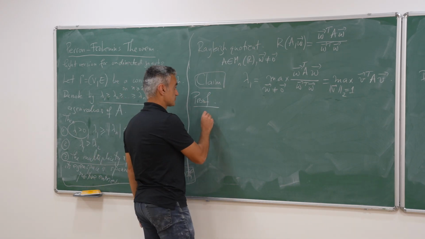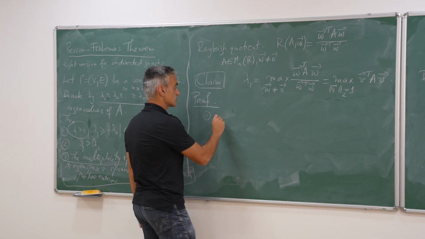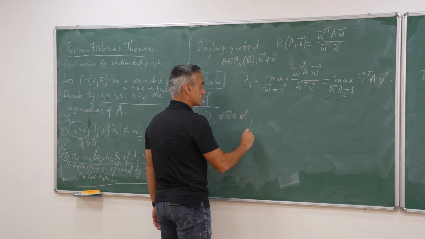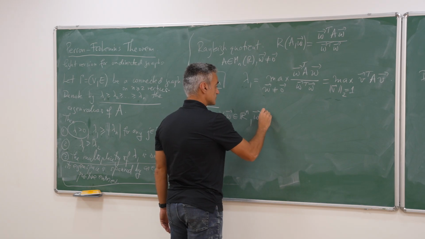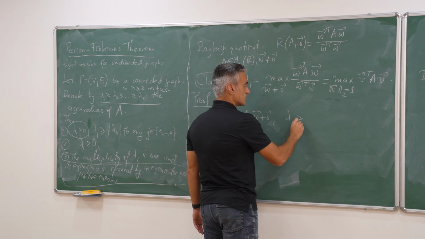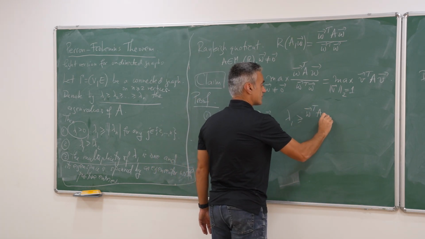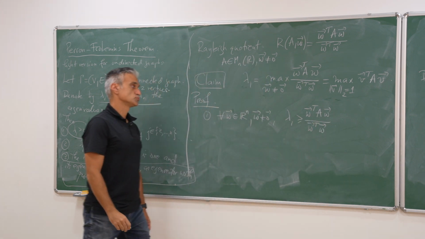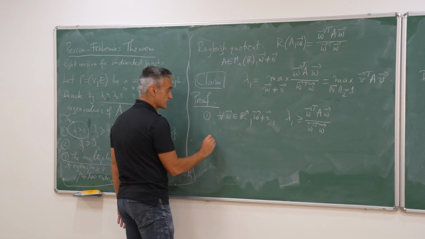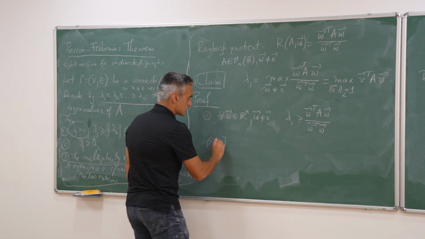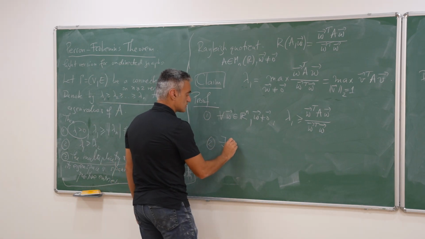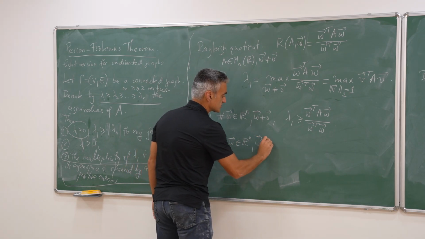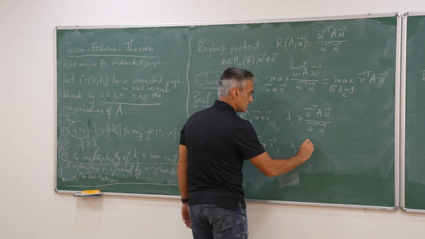Thing one: we'll show that for any W in Rn, W not 0, lambda 1 is greater than or equal to the Rayleigh quotient. So lambda 1 wins all the time. And second, that there exists some vector W in Rn, W not 0, such that lambda 1 equals the Rayleigh quotient.